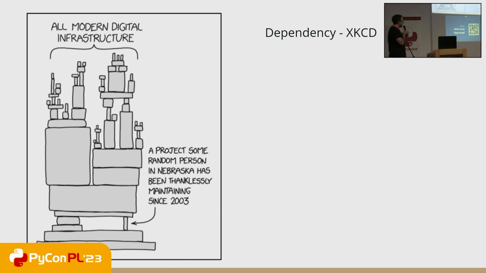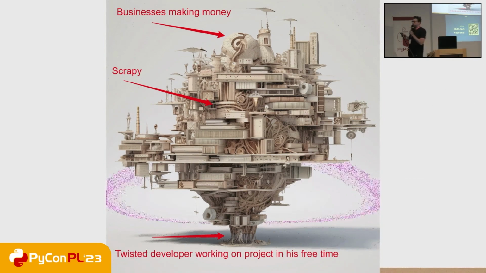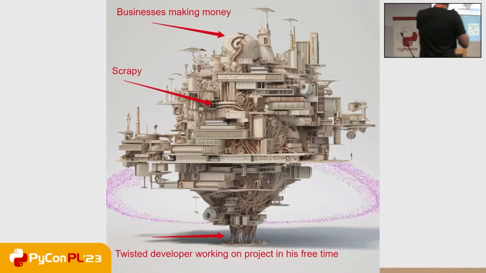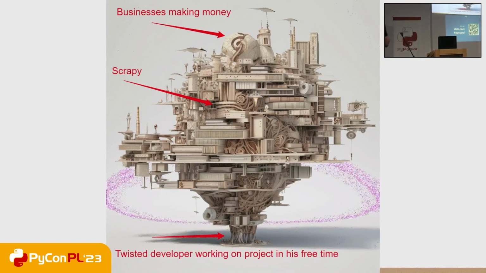I think the case of Twisted is slightly similar to this. So I made a small refactor of that, just to illustrate it. It's an AI generated picture, and as you see, Scrapy is somewhere in the middle, and Twisted is somewhere at the bottom. And all the businesses making money are at the top of this.